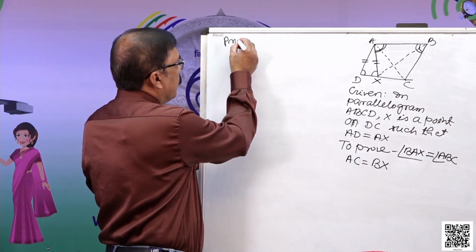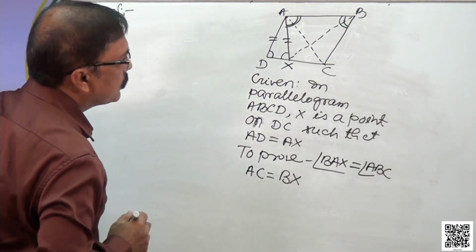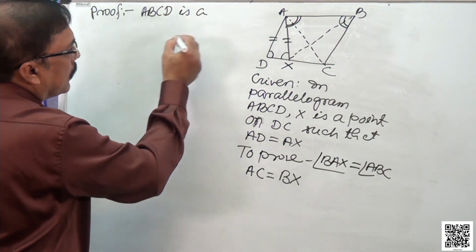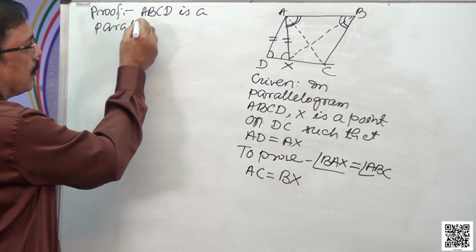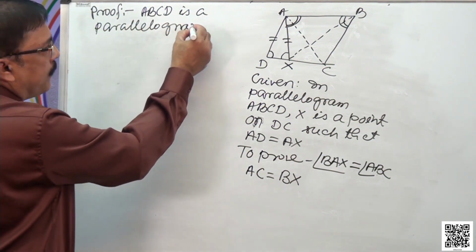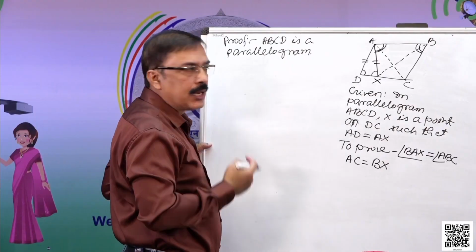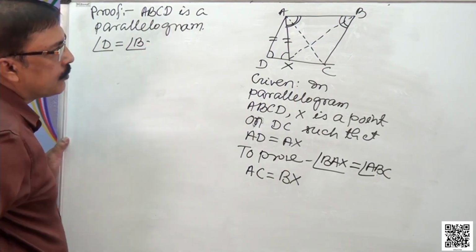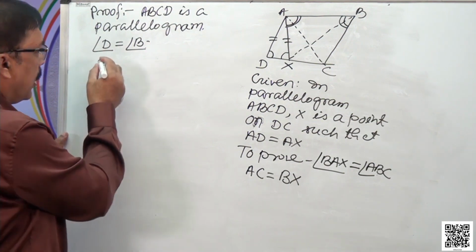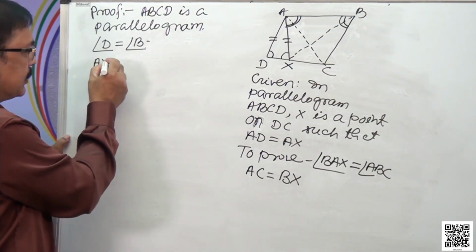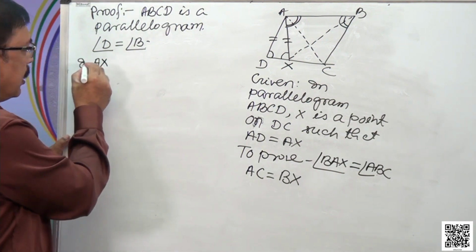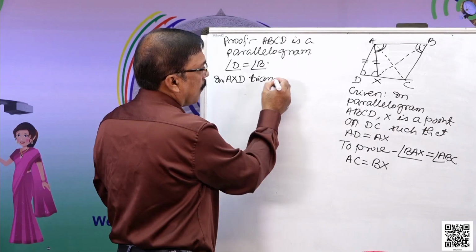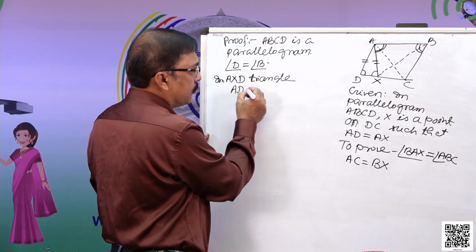So let's start the proof. Now you see, as ABCD is a parallelogram, the opposite angles are equal, means angle D is equal to angle B. Now you see, in triangle AXD, AD is equal to AX.